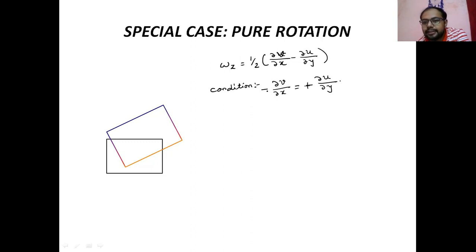So del v del x and del u del y are the same in magnitude, and the direction also the same.